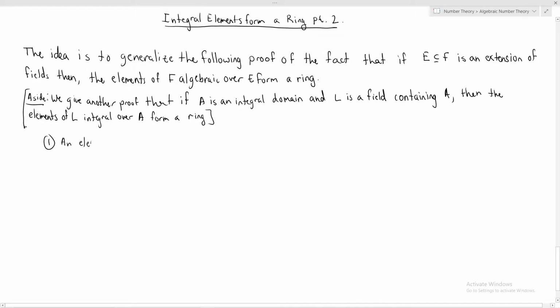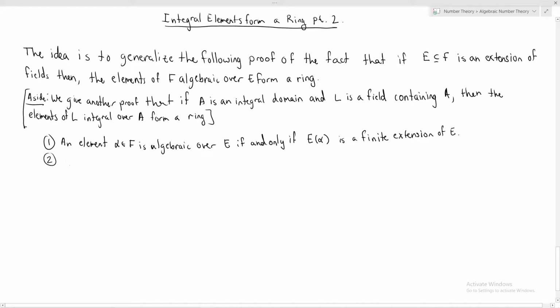An element alpha in F is algebraic over E if and only if E adjoin alpha, the smallest subfield of F containing E and alpha, is a finite extension of E, meaning that it's finite dimensional as a vector space over E.